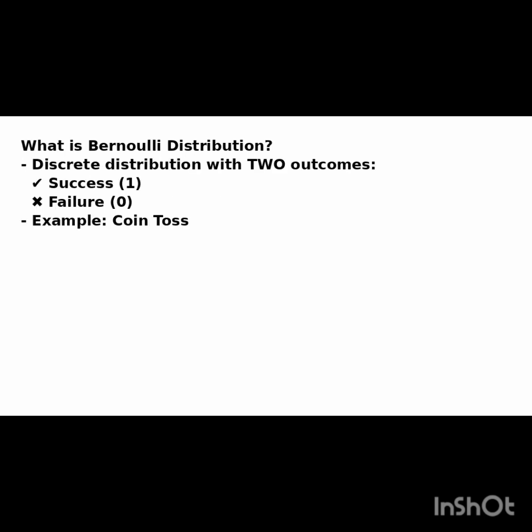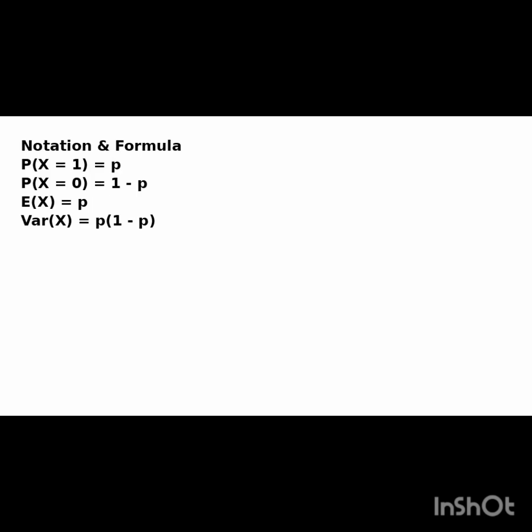So, what is a Bernoulli distribution? Bernoulli distribution, as I already told you, follows a discrete probability distribution with two possible outcomes: success 1, failure 0. We can take the example of a coin.